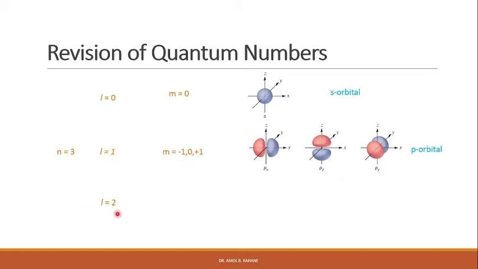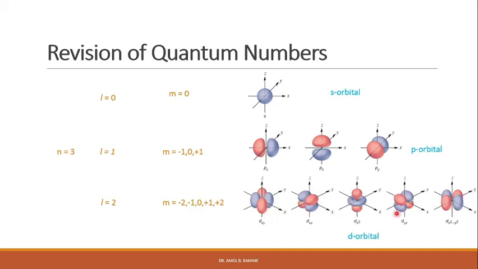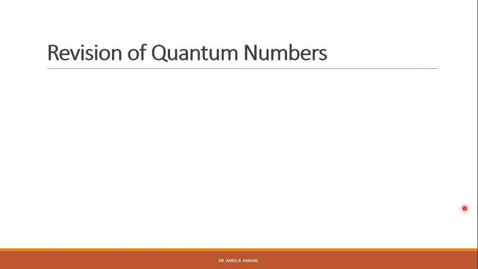So we have 3 different orientations and l = 1 represents the p orbital. For l = 2, it refers to the d orbital and m values are -2, -1, 0, +1 and +2, that means 5 different orientations of d orbitals. For n = 4, l can take values 0, 1, 2, 3.